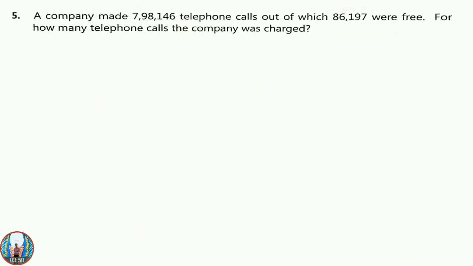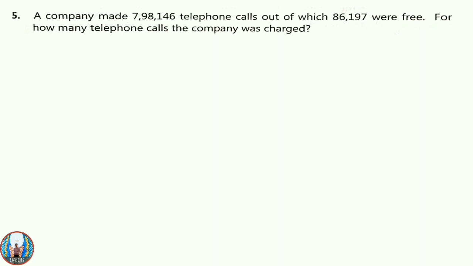Question number 5. A company made 7,98,146 telephone calls, out of which 86,197 were free. For how many telephone calls was the company charged?